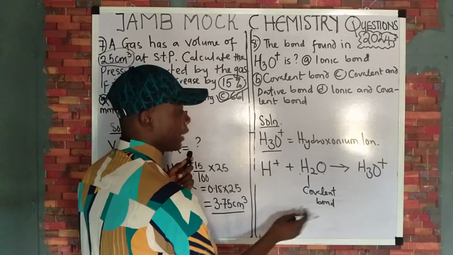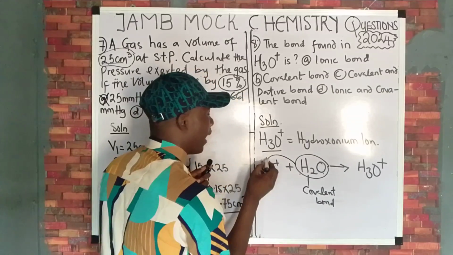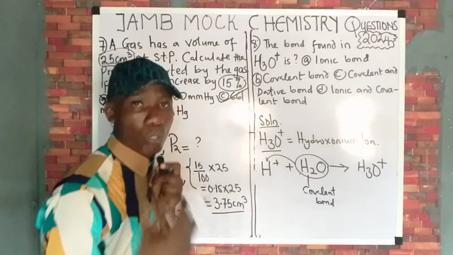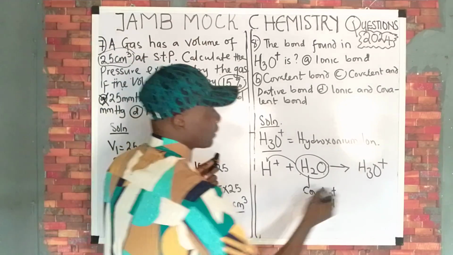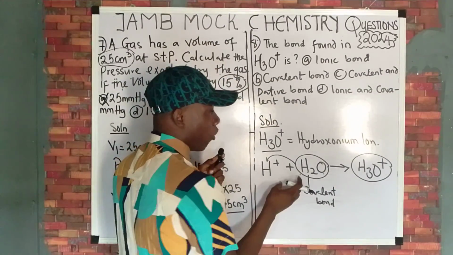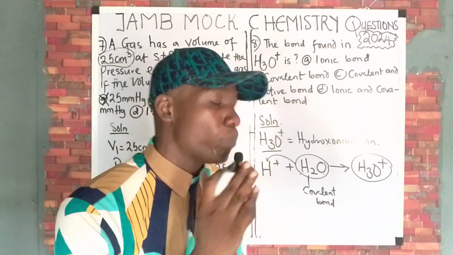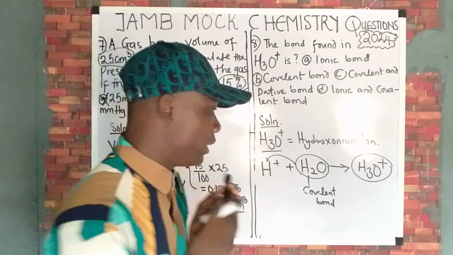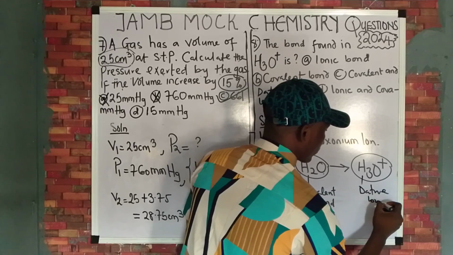Now, by the time your water combines with your hydrogen, it looks like one of the atoms is losing electrons for two of them to share. And the bond that is formed when there's an unequal share of electrons between two participating atoms is called your coordinate covalent bond or your dative bond. So there is a dative bond here.